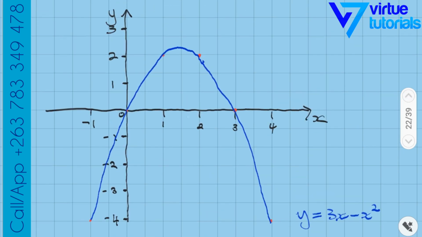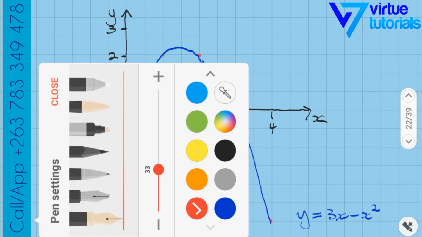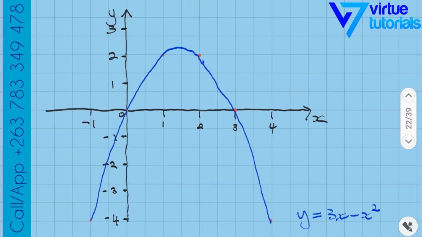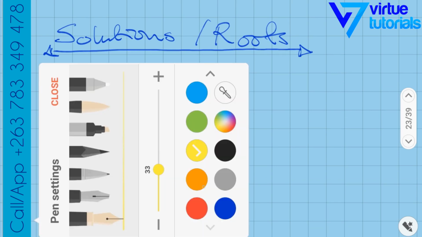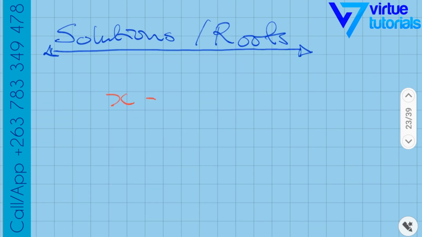So if we go here, we'll realize, maybe using yellow, that this is the x-axis and that's our curve. The curve cuts the x-axis at those 2 points, at 0 and at 3. So those are our solutions: x is equal to 0 or x is equal to 3.